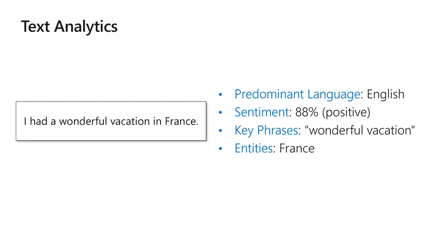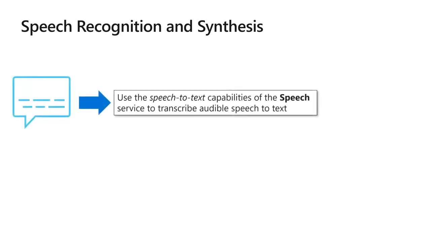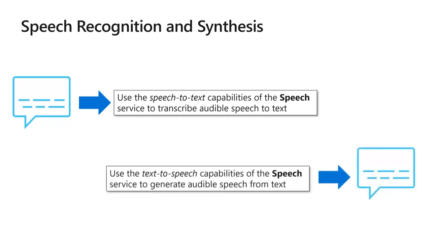Now, when we're looking at speech recognition and synthesis, it's a bit different. The speech service provides a speech-to-text API that you can use to implement speech recognition functionality. This service supports transcription in more than 60 languages. And conversely, the text-to-speech API can synthesize audible speech from text, with the option to specify regionally appropriate voices for human-like pronunciation.